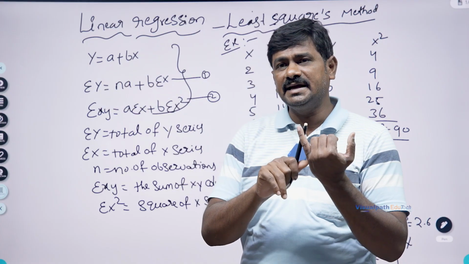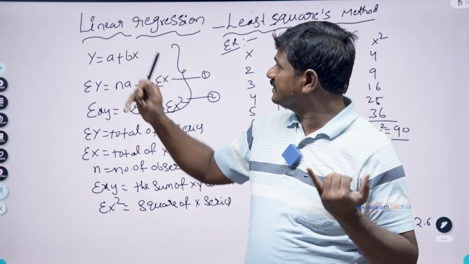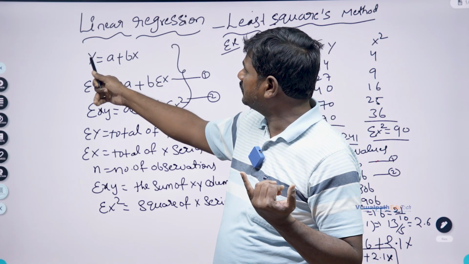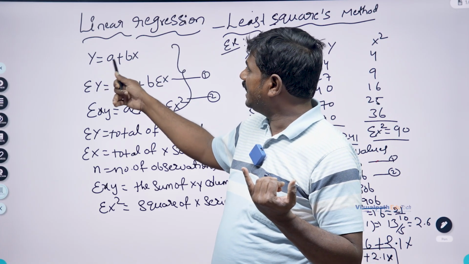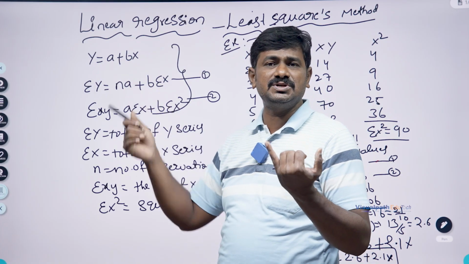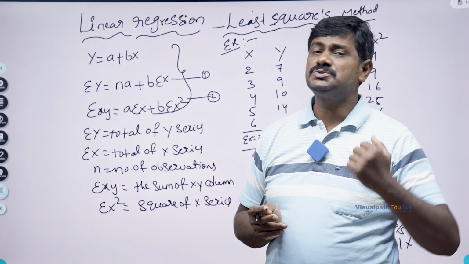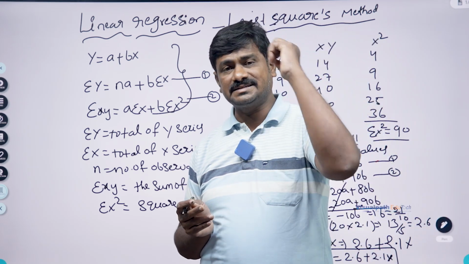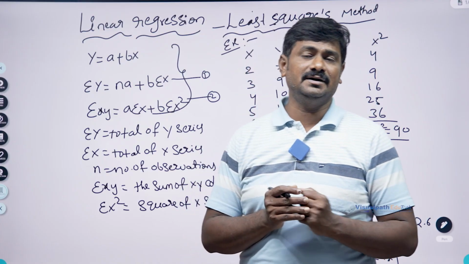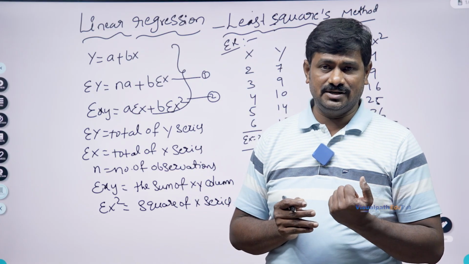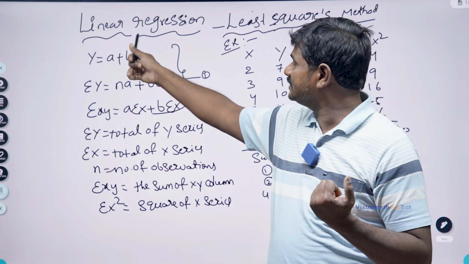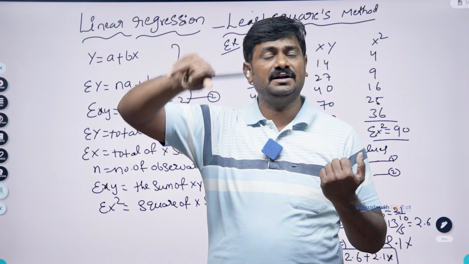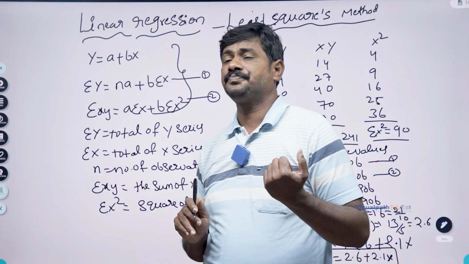So a plus bx means the relationship between two variables. It is an equation, like ax plus by plus c equals 0. That is the line equation. So a regression framing a straight line is nothing but linear regression. Linear regression means a line equation has to be formed.